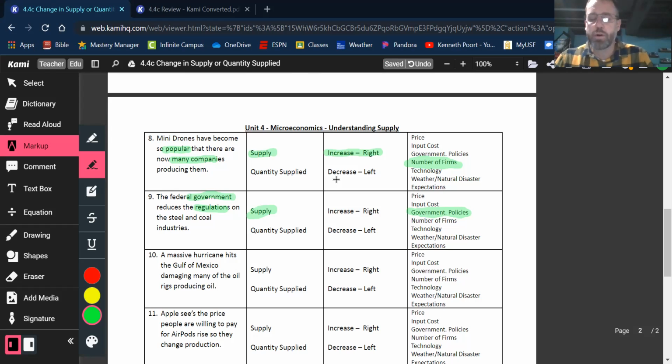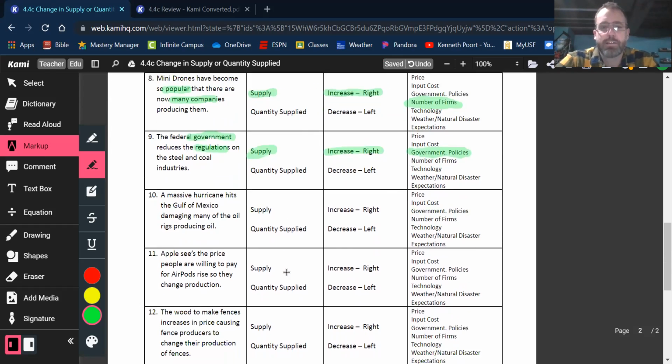If it's costing me more to produce, I usually decrease supply. So this scenario is saying they're reducing regulations. If the regulations I have to follow are going down, my costs as a producer are coming down. Well, if it's costing me less to produce, you can probably assume that there's going to be an increase in supply of that product to the market.